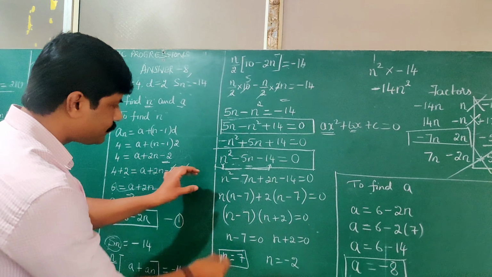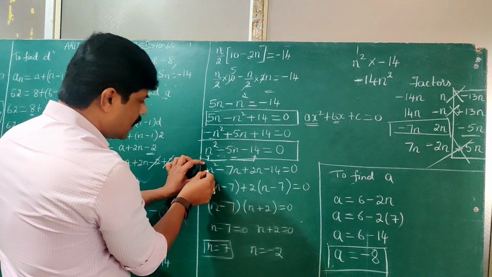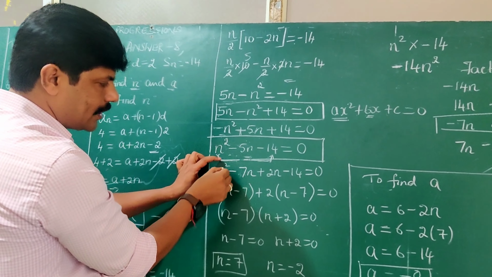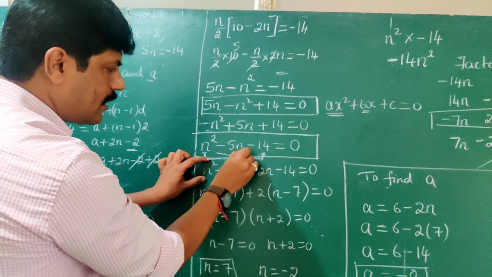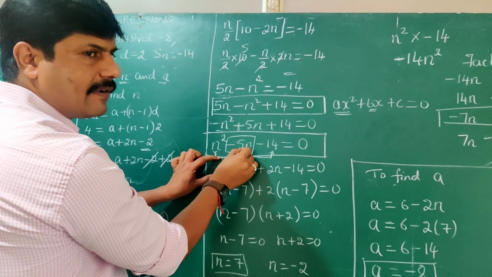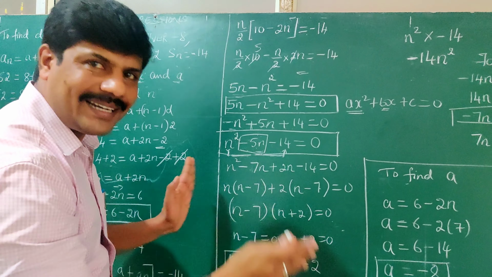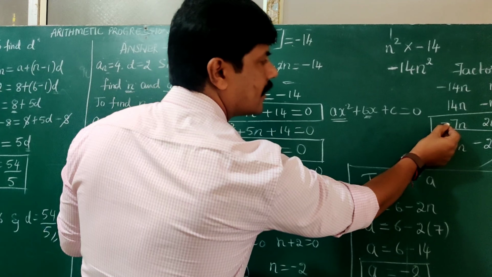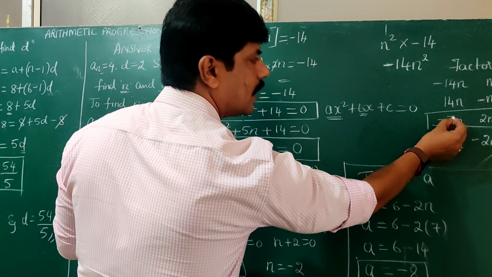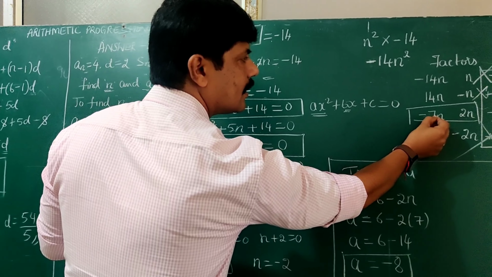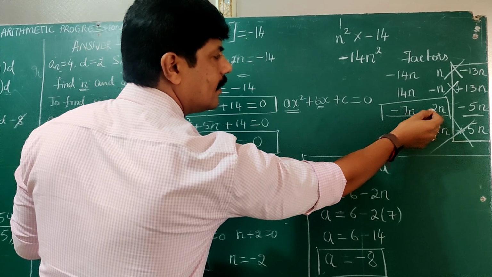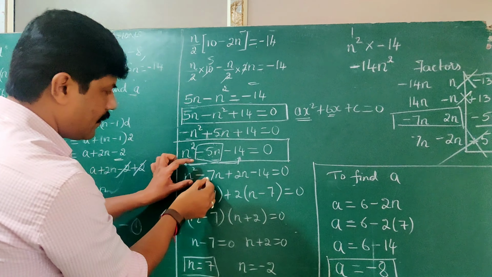Understand? Now see here, we have got n square, taken n square here. In place of 5n, we are splitting this to take the factors of 14n square minus 7n and plus 2n.